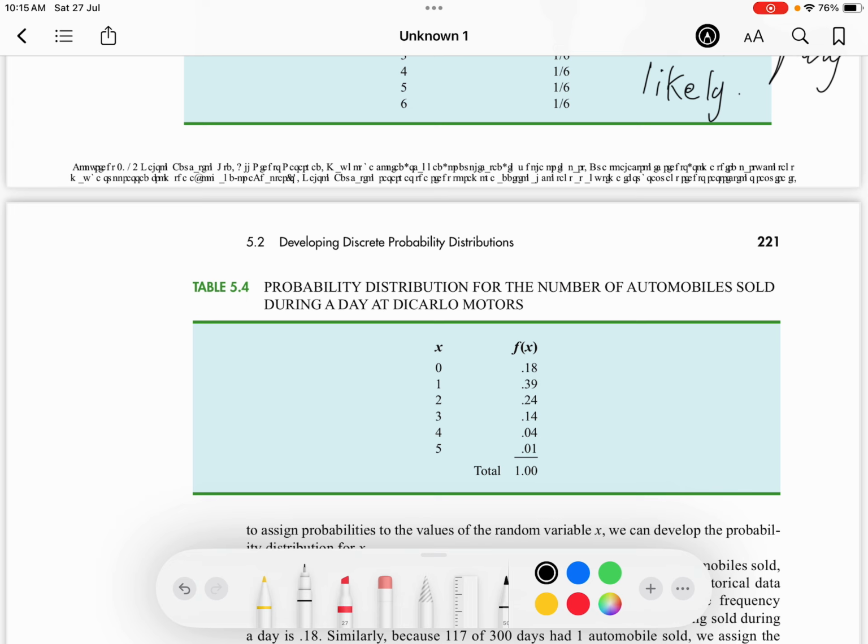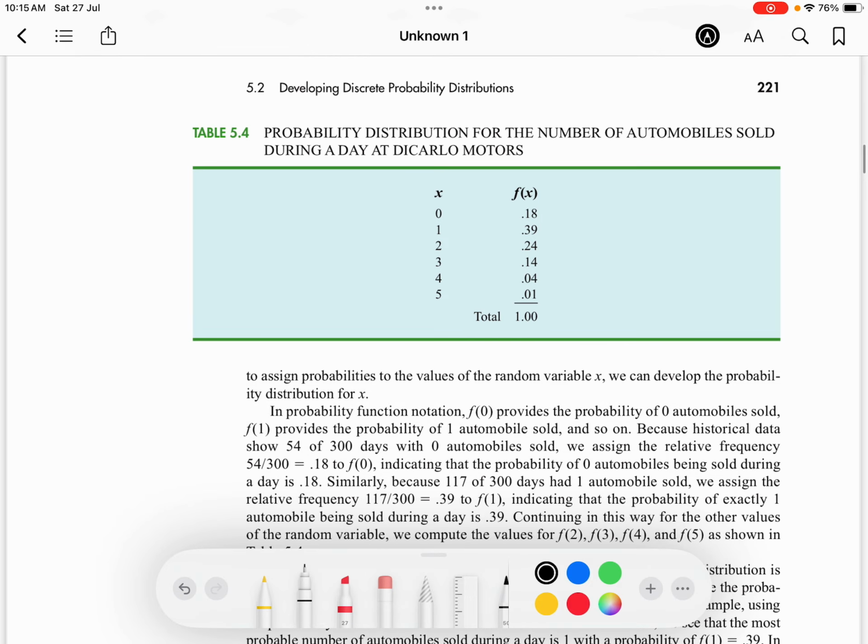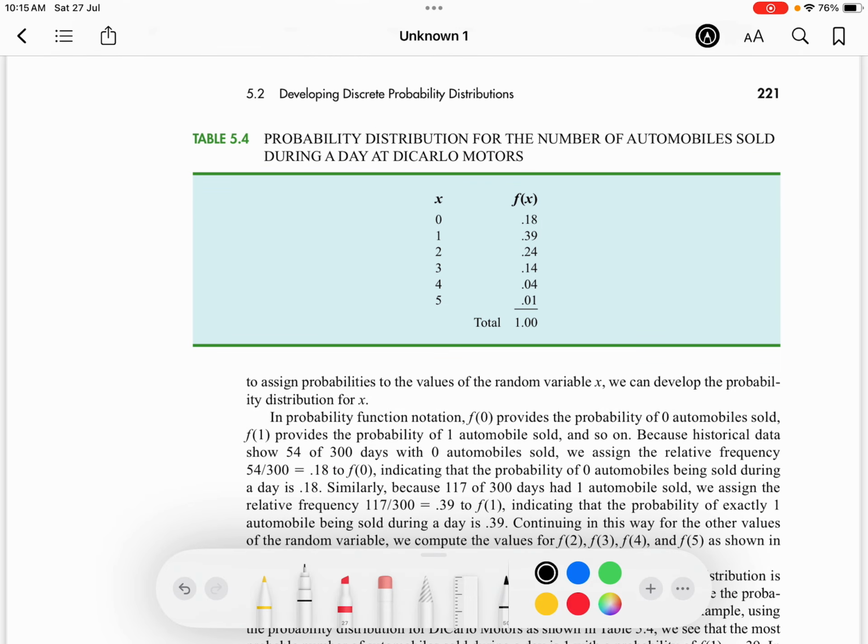Probability distribution for the number of automobiles sold during a day at DiCarlo Motors. This is given in the question.